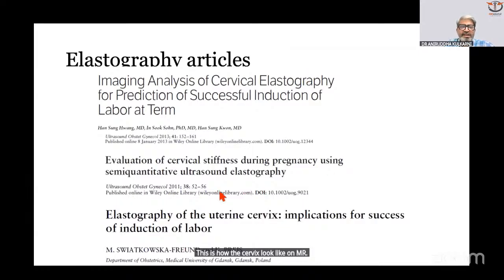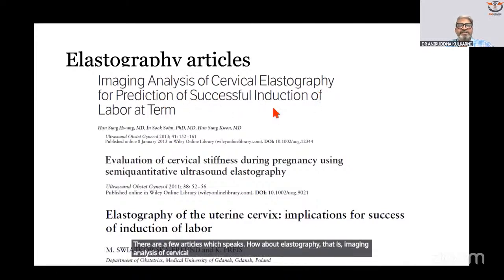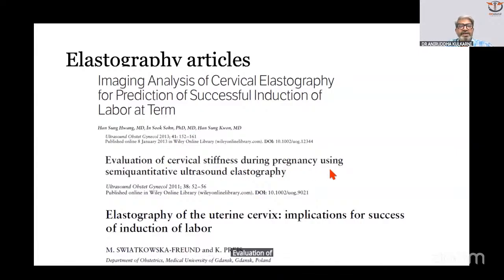There are a few articles which speak highly about elastography, that is, imaging analysis of cervical elastography in predicting successful induction of labor, and evaluation of cervical stiffness during pregnancy using semi-quantitative analysis, elastography of the uterine cervix and implications for success of induction of labor.